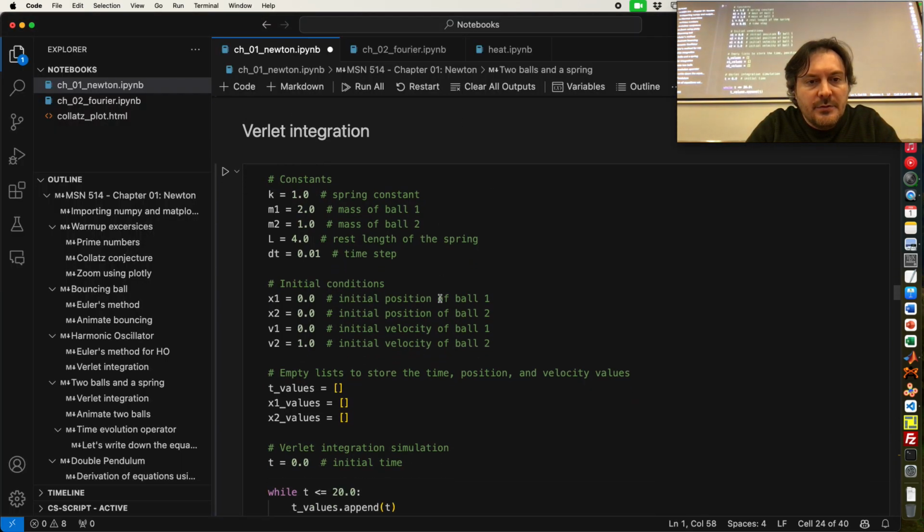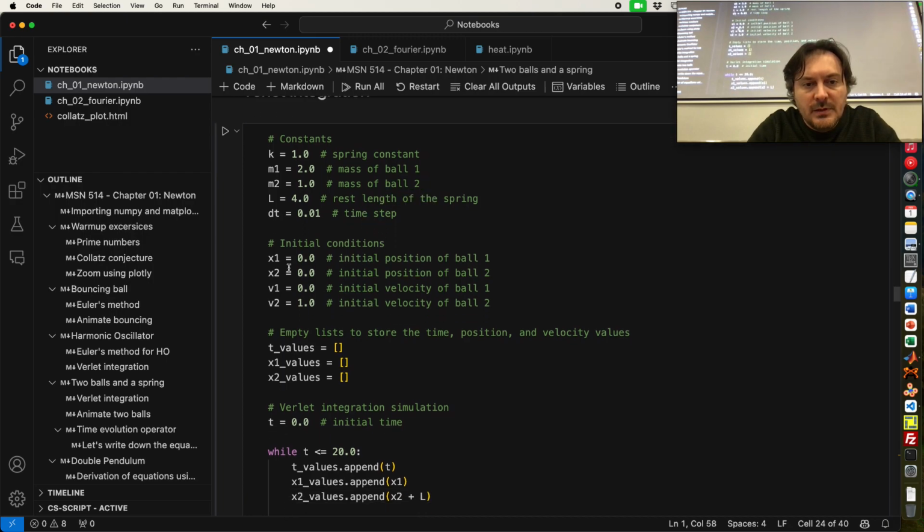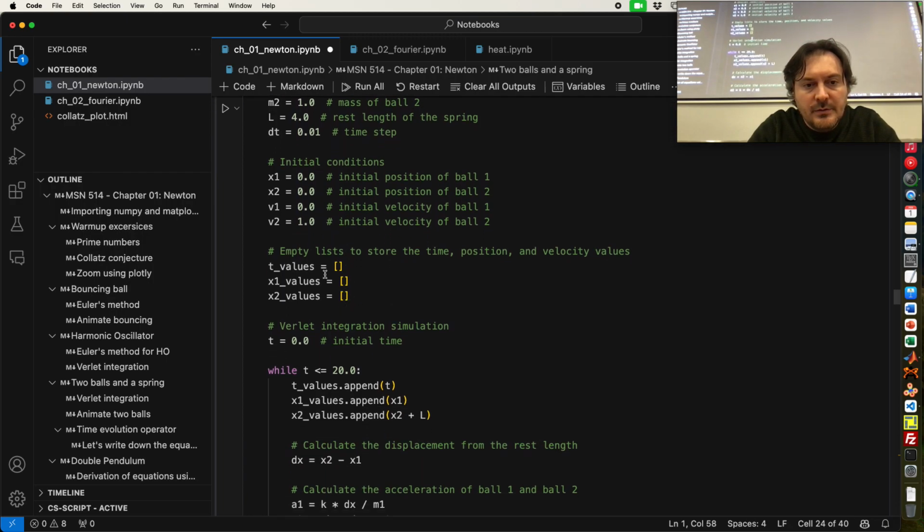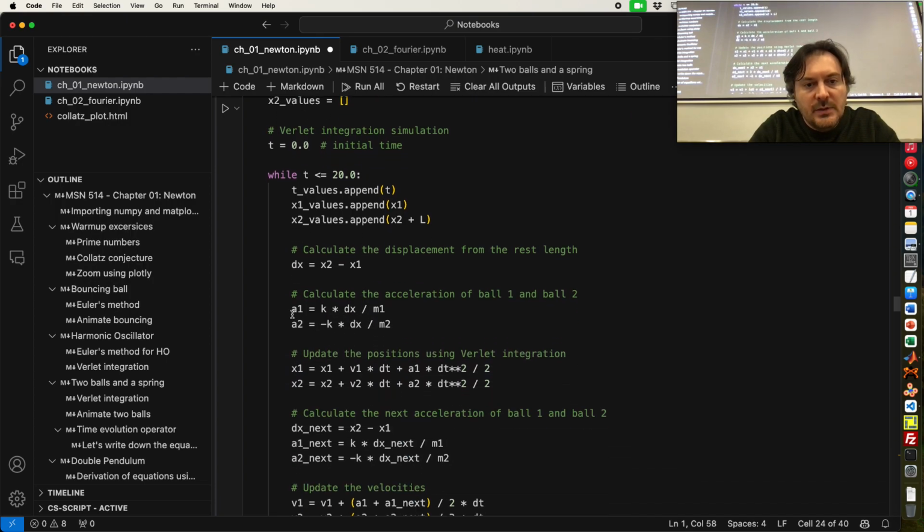Okay, so the mass, the spring constant, mass of the first ball, the rest length of the spring, time, initial conditions, t values, x1 values, x2 values. Then what do we have? The acceleration. So dx is the distance between them.